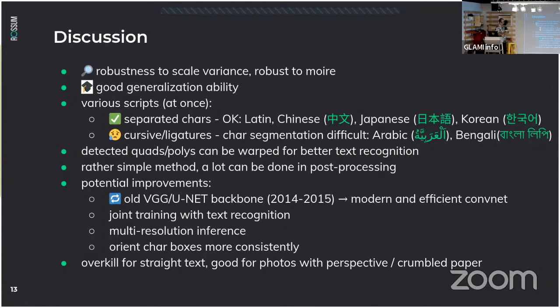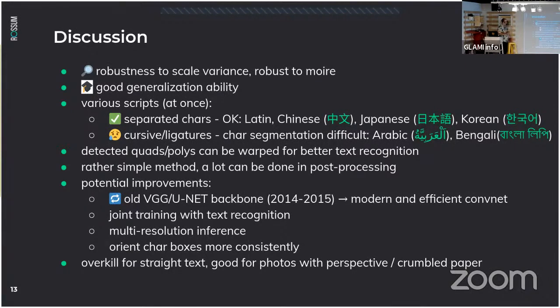And it seems that it works well when the characters themselves are separated spatially, such as for Latin, Chinese, Japanese, or Korean, where the characters are in some squares or small rectangles and are separated.